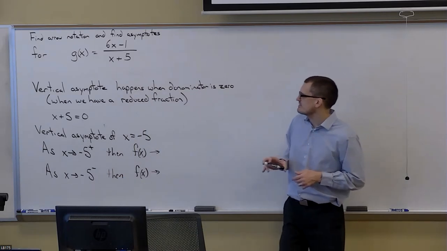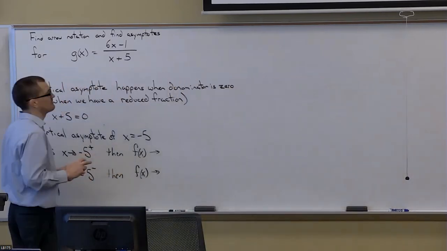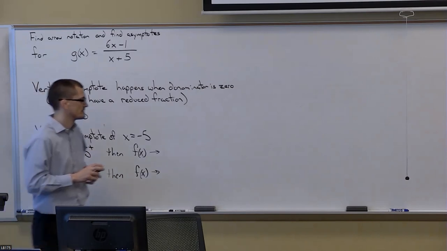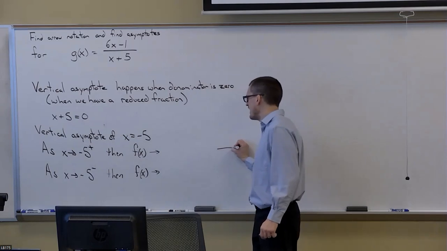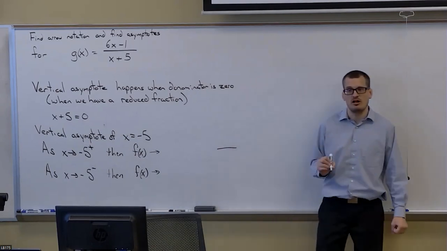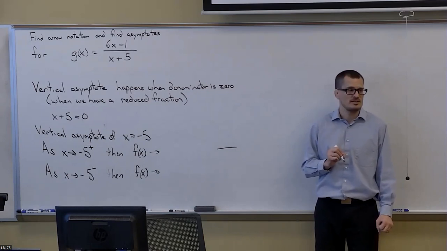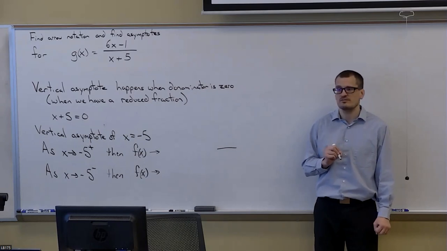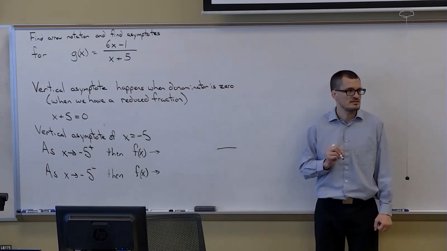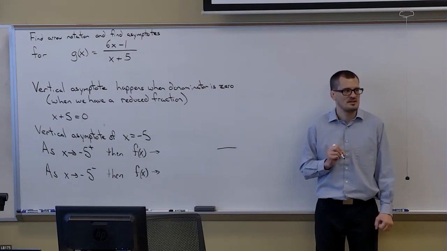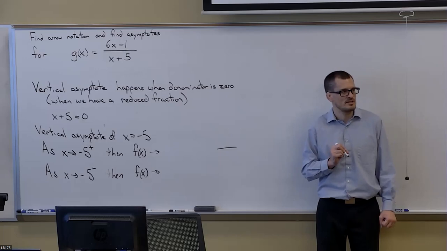Think about when x is going to -5 from above. From above, that means numbers that are a little bit above -5. What's the bottom of my fraction going to be? It's going to be small in absolute value, but is it going to be positive small or negative small? If x is a little bit above -5, let's say -4.8.